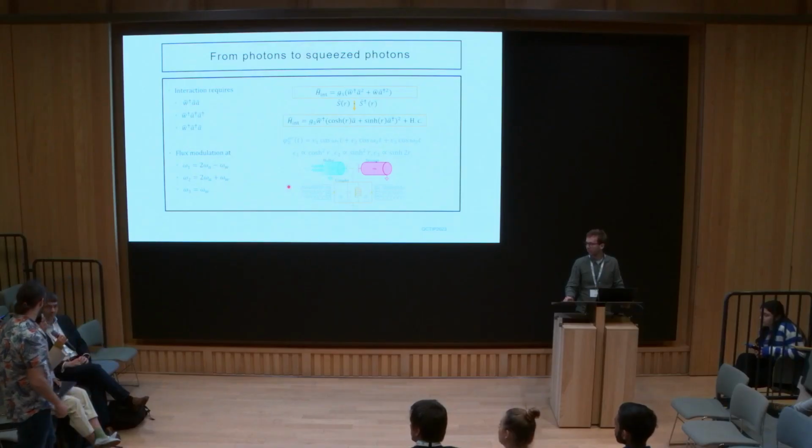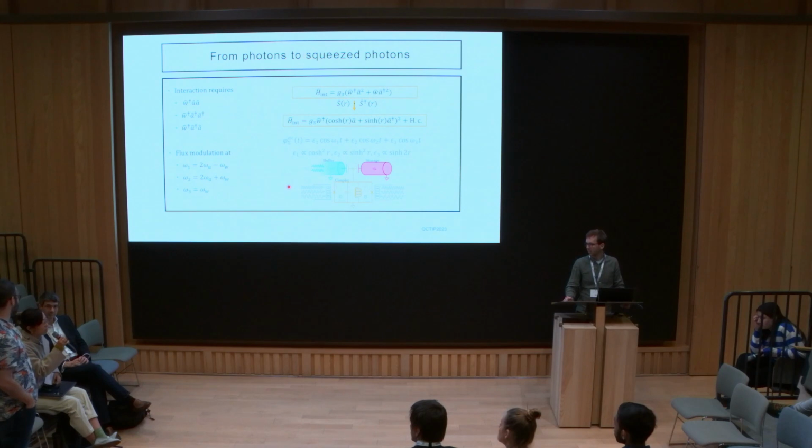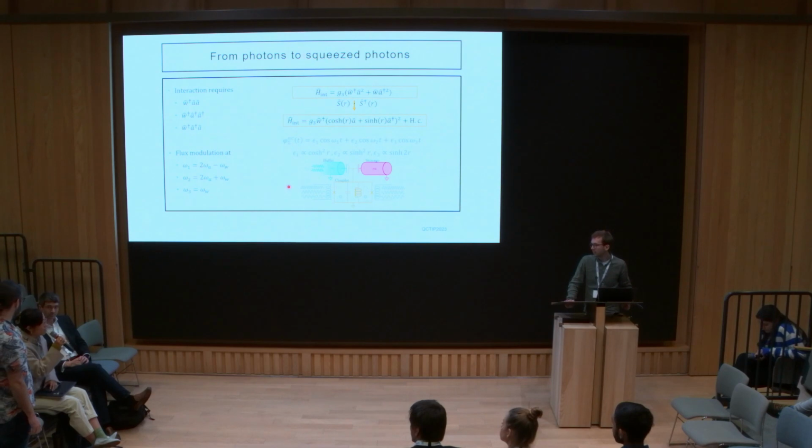I'm curious. You consider the Kerr nonlinearity problem, and have you analyzed the effect of three-photon interactions for other systems? Like when you introduce a ring resonator, will it be strictly bad for the code? I know it will probably lead you outside of the code space, but has anyone analyzed the effect of that? You mean this three-photon interaction, the cubic interaction? I'm not sure I understand the question.